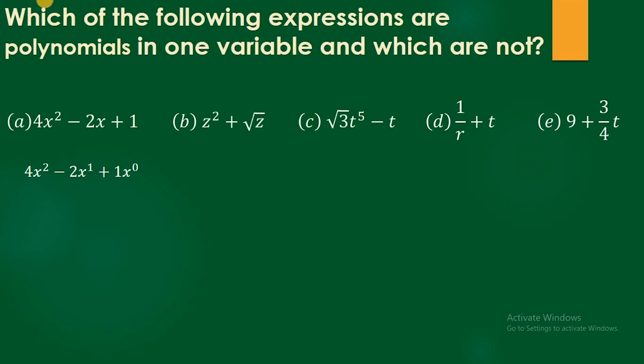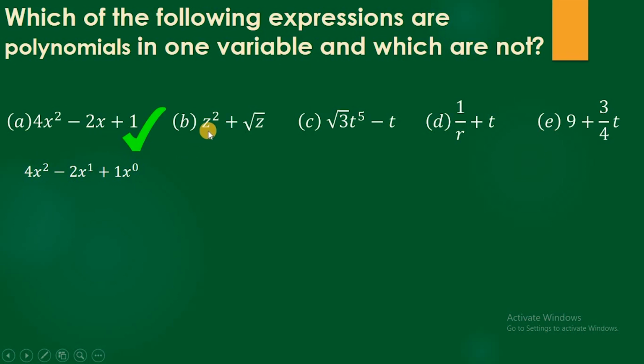So here we have variable x and the power of each variable is a whole number. 0 is a whole number, 1 is a whole number, 2 is a whole number. And we have only one variable, that is only x. Therefore, it is a polynomial in one variable.